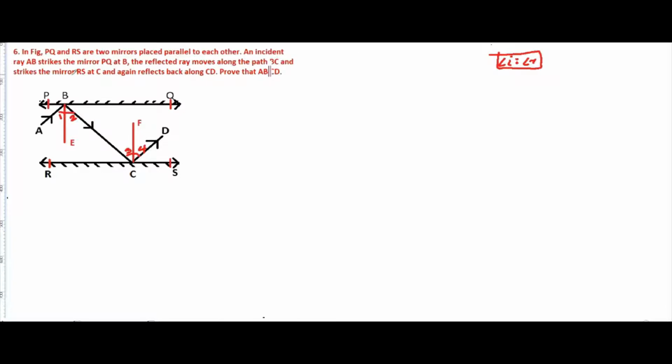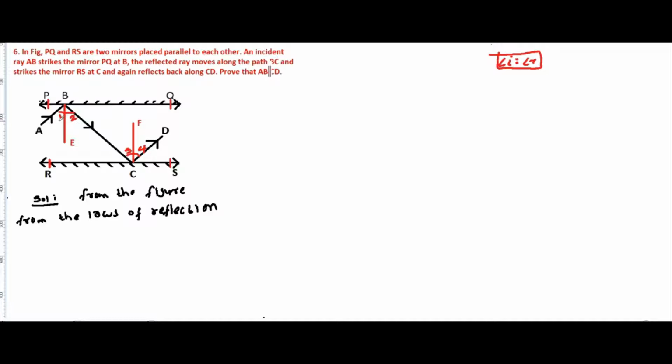Now come to the solution. First, what is given here? From the figure and from the laws of reflection, what is the angle of incidence here?